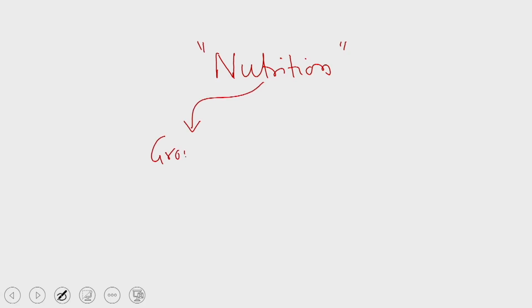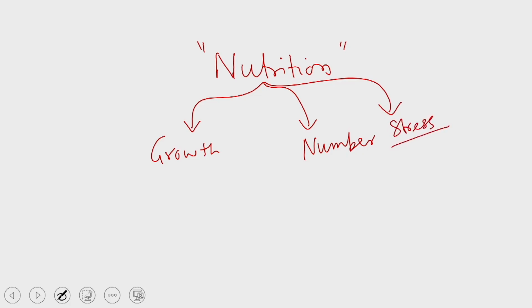One, it is required for going through the different phases of the growth cycle, and for dividing and increasing their number. And the nutrition is also required to withstand stress or stress linked factors.